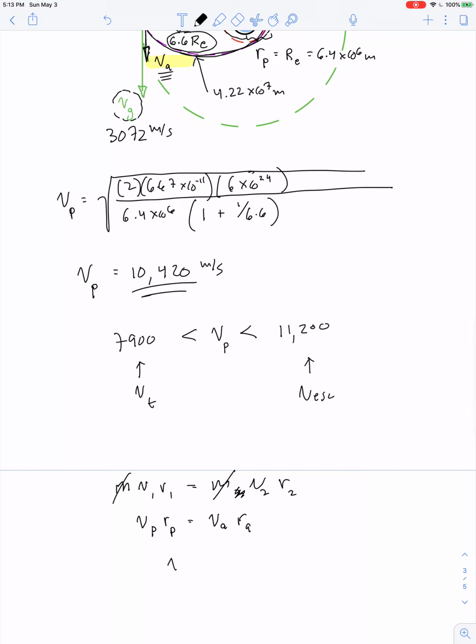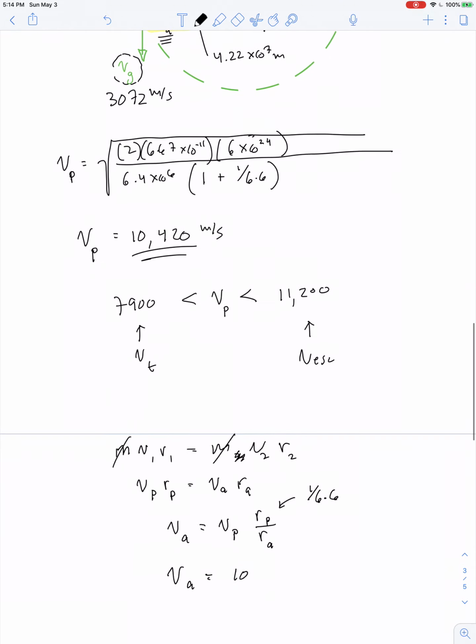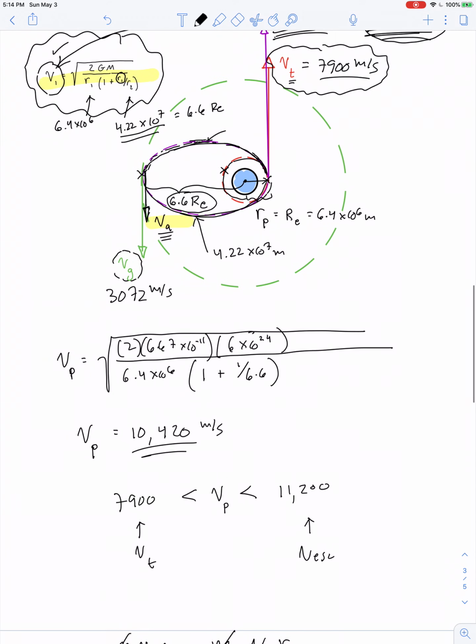Okay, so we're trying to find the speed at apogee now, so it should be the speed at perigee times r perigee over r apogee, but we know this value is 1 over 6.6, so the speed at apogee should be 10,420 meters per second times 1 over 6.6, which gives about 1,580 meters per second.